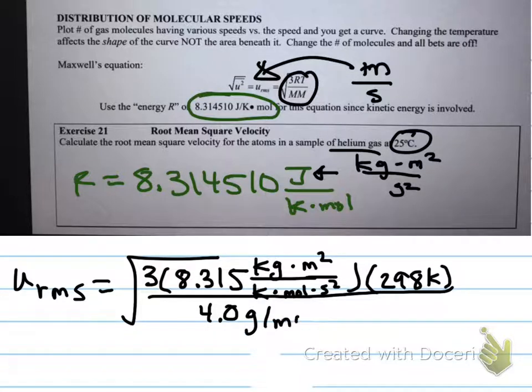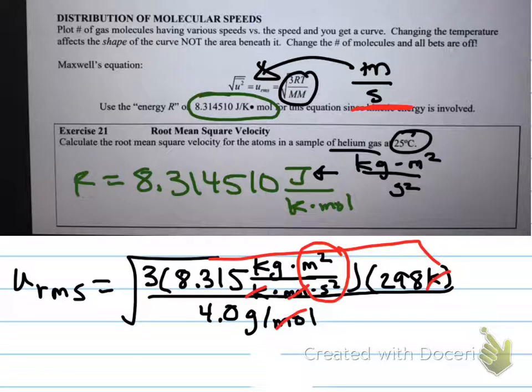grams per mole. So look at what units cancel out. Kelvin cancels out, mole cancels out, and we want meters per second, and notice since we have a square root, meters squared divided by second squared is going to give us our units meters per second. So we're left with kilogram and gram.